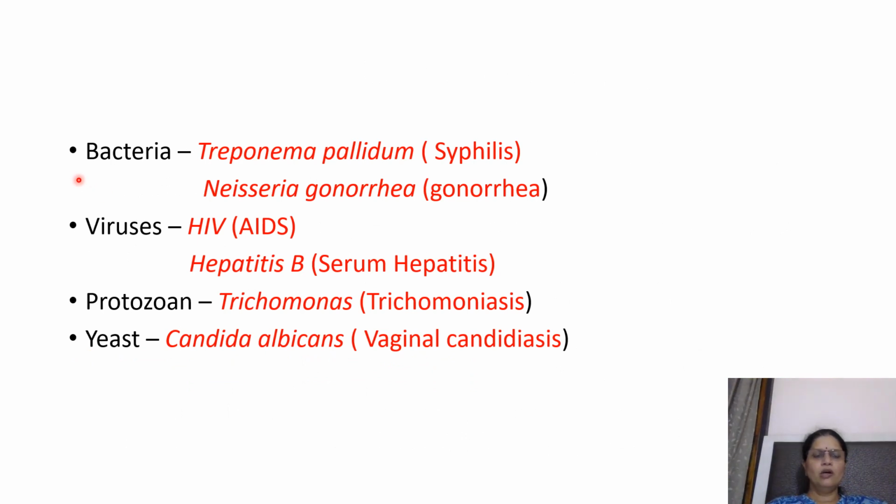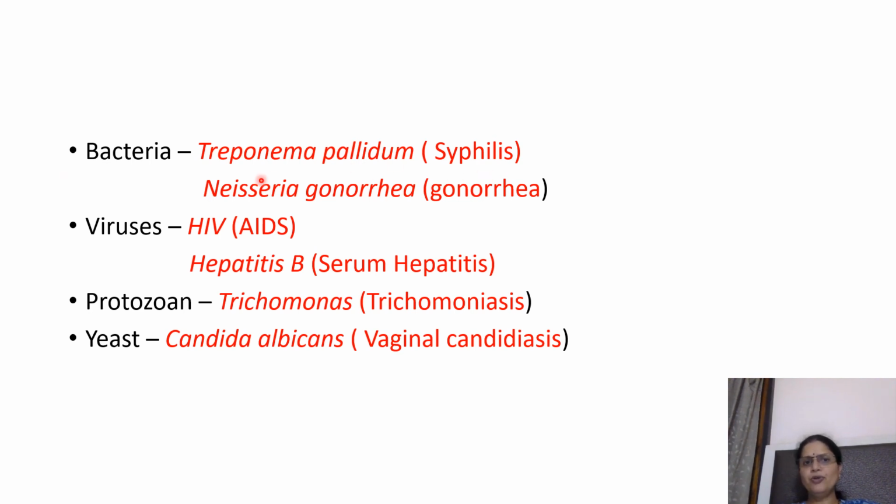So among the bacteria which cause infection in the urogenital tract, very common ones are Treponema pallidum, which causes syphilis, and Neisseria gonorrhoeae, which causes gonorrheal disease. As I said, some organisms are so delicate that they need some cut or abrasion in the mucosal surface, and only then can they cause the infection.